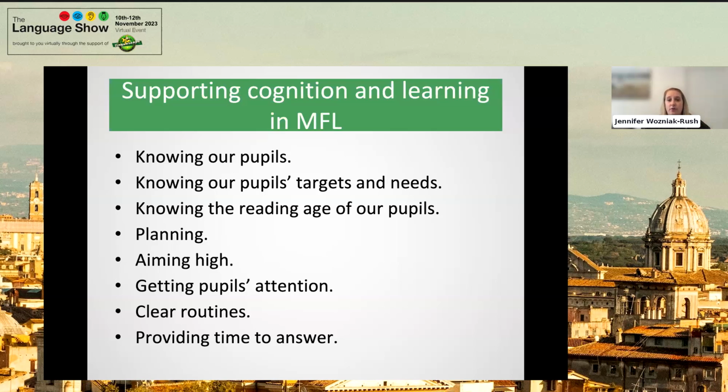So have you read those plans? Knowing as well the reading age of your pupils is also really, really important, because that's going to help you know the type of questions that you can ask, where they might struggle, where maybe more support will be needed, and so on.